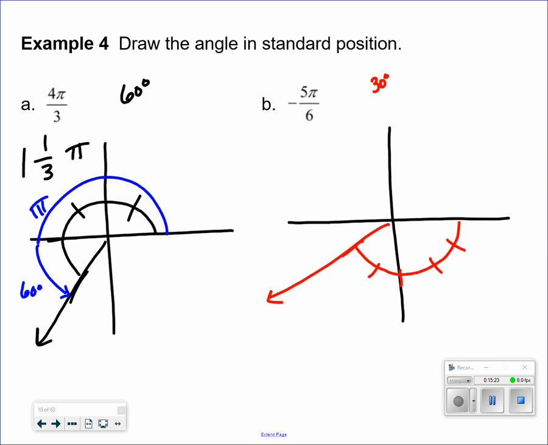Notice it's just short of being 6/6. 6/6 is 1 pi, or 180 degrees. So if I only want to go 5/6, I am short of going all the way 180 degrees. So that's how we draw negative 5/6 pi.